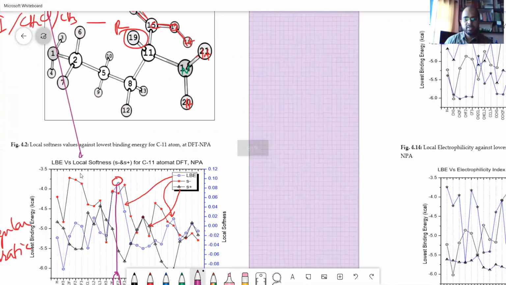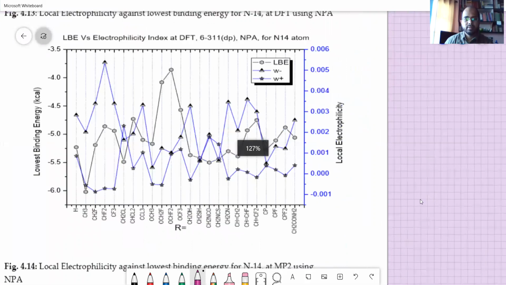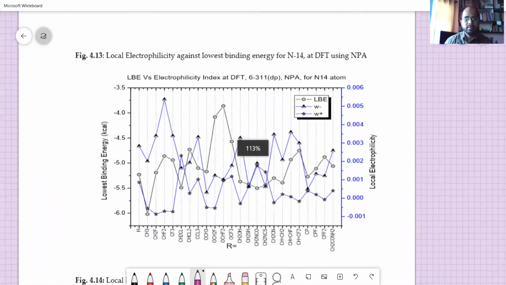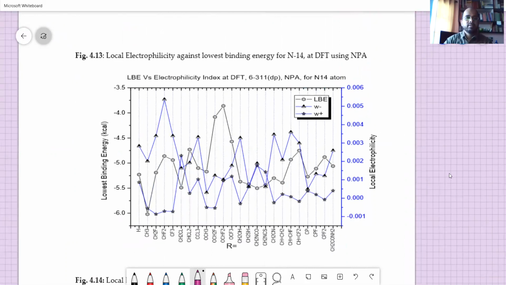This is another graph that shows this. Okay, local electrophilicity is there, so it is very much higher for this one, CHF2.